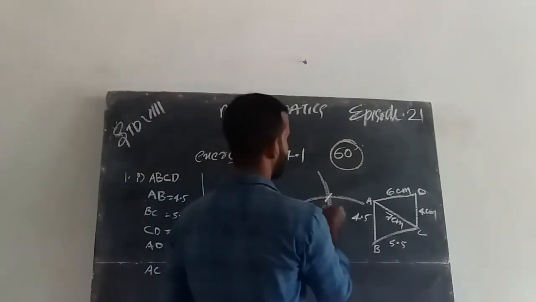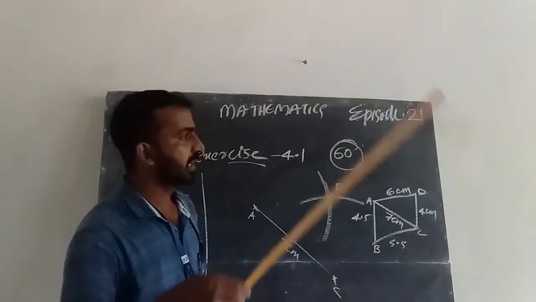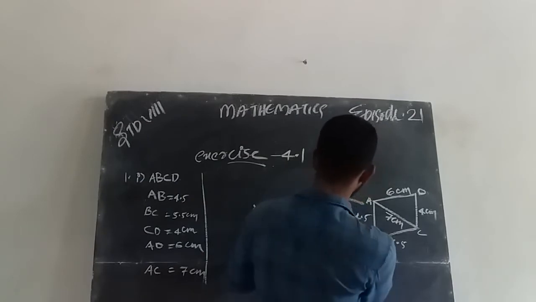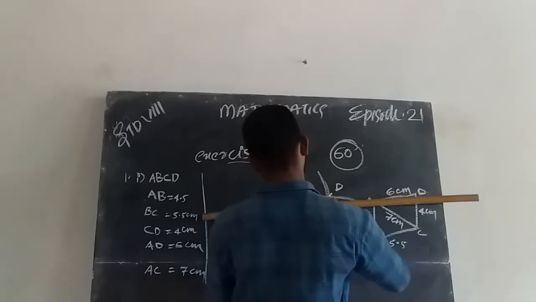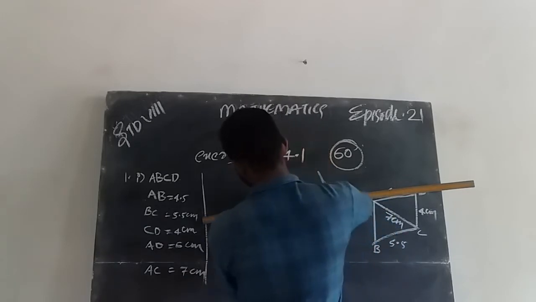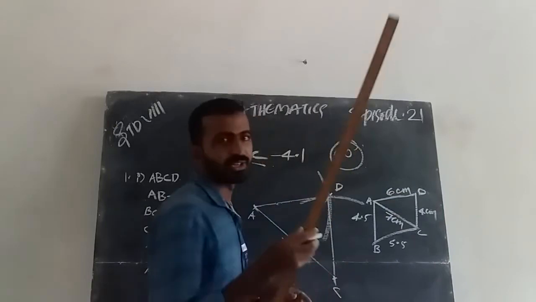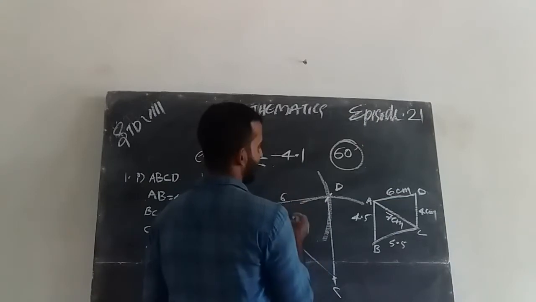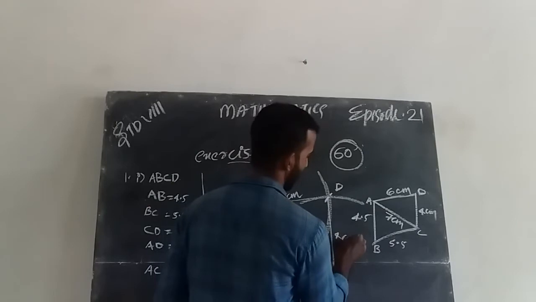That we call D. And join the points D, C and A, D. And denote the measurements 6 centimeter and 4 centimeter.